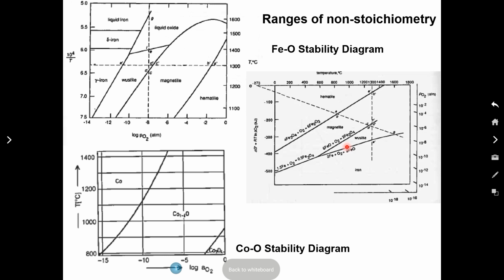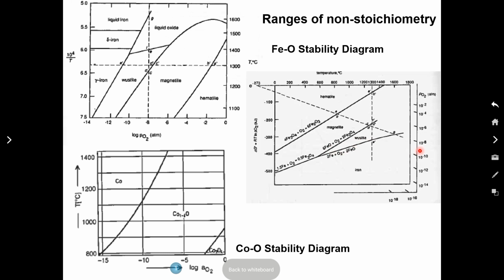It will create an equivalent PO2 that is given by the equilibrium value that coincides with the boundary between iron and iron oxide.